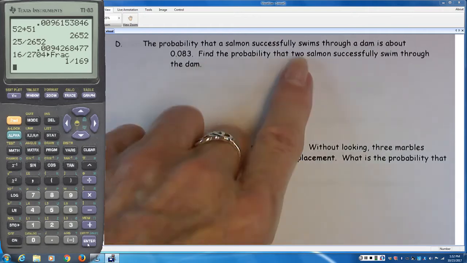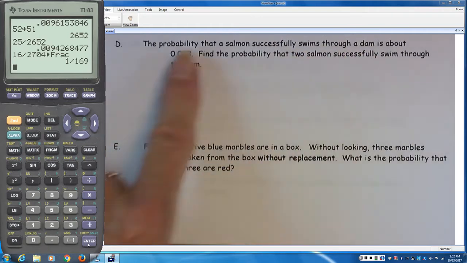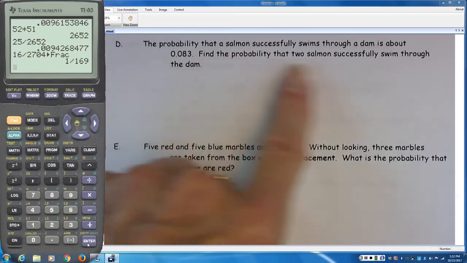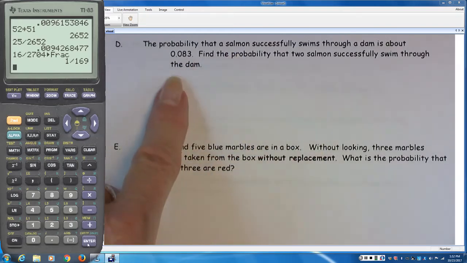Probability a salmon successfully swims through a dam is about 0.083. Find the probability that 2 salmon successfully swim through the dam. Independent or dependent? Because it's 2 different fish, and just because the first fish gets through doesn't necessarily mean the second fish does.